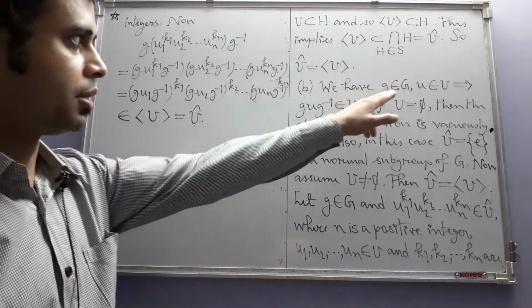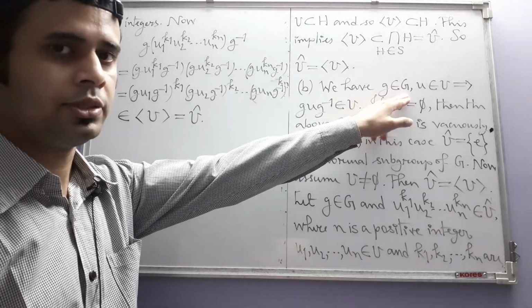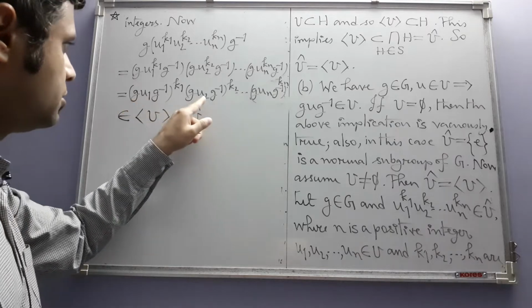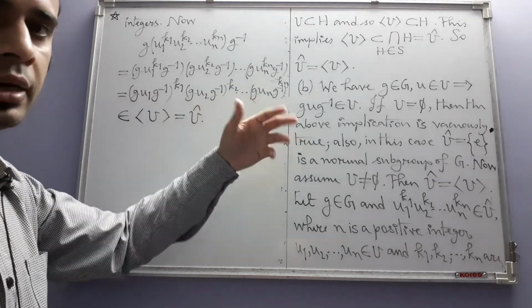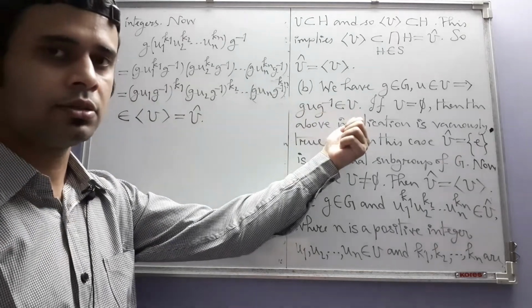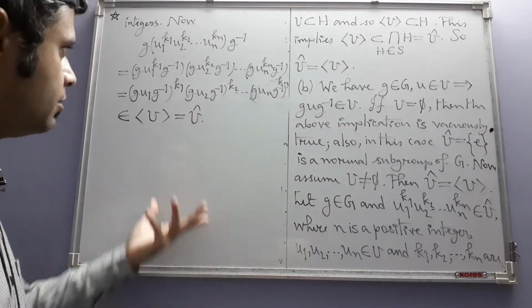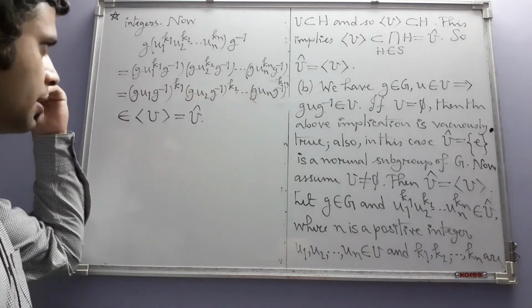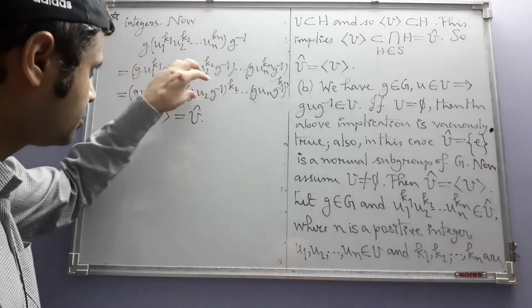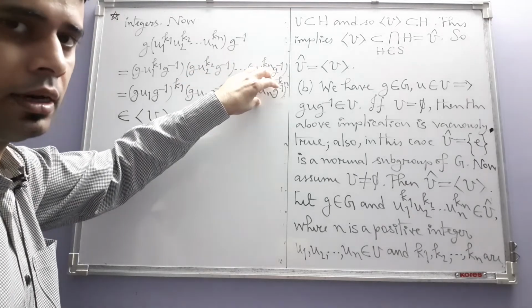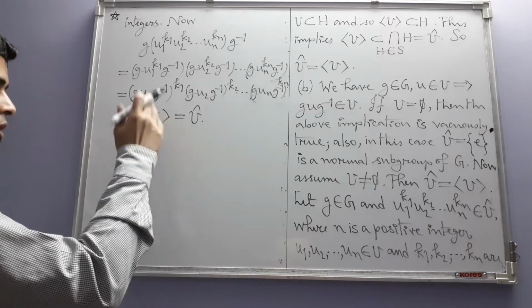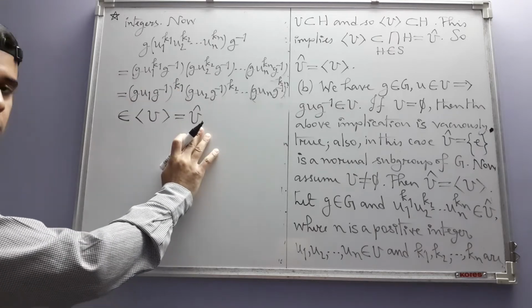That is coming from our hypothesis, this implication which is the hypothesis, because since all the ui's are in U, so G ui G inverse will also be in U. So again, this thing is a product of integral powers of elements of U. These are the elements of U now, and hence it belongs to this, which we have already shown is equal to U hat.